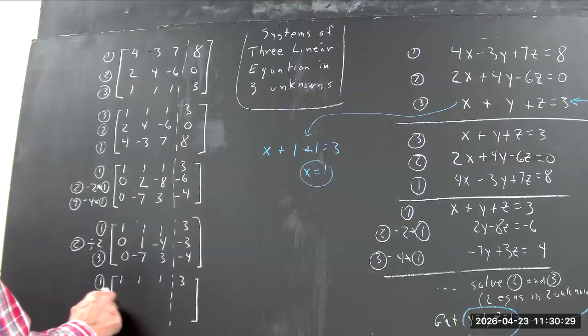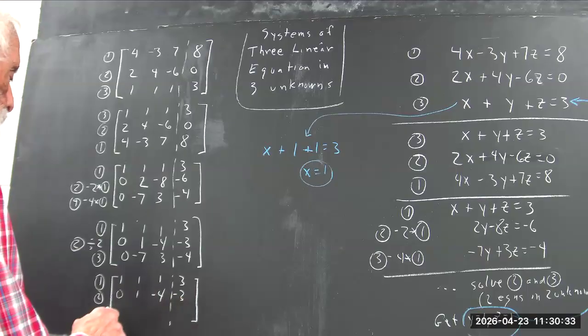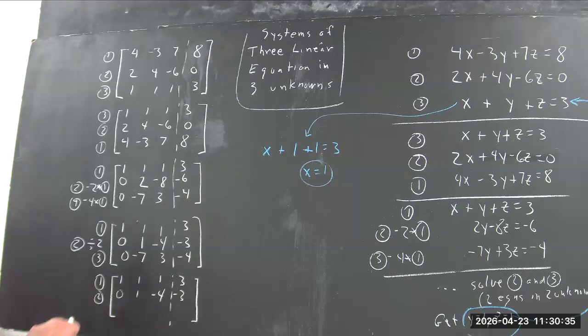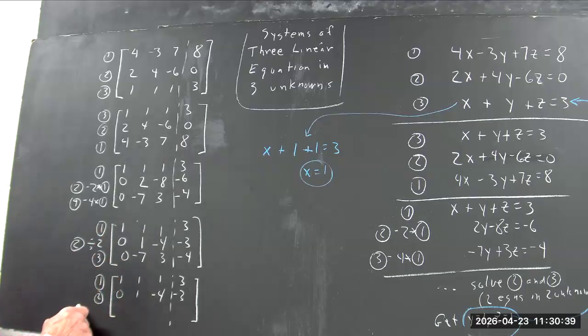Row 2 has become 0, 1, -4, -3. And row 3 is going to become row 3 plus 7 times row, and it's not row 1, it's row 2.